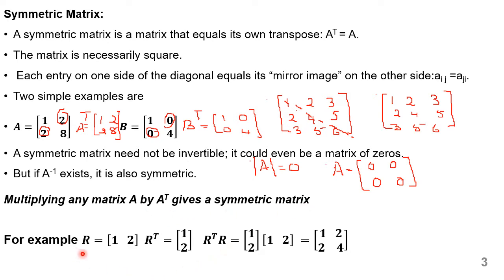I have taken an example here. This is a 1 cross 2 matrix R. It is [1, 2]. R transpose is [1; 2]. R transpose into R will give me [1, 2; 2, 4], which is once again a symmetric matrix with mirror image elements being equal.